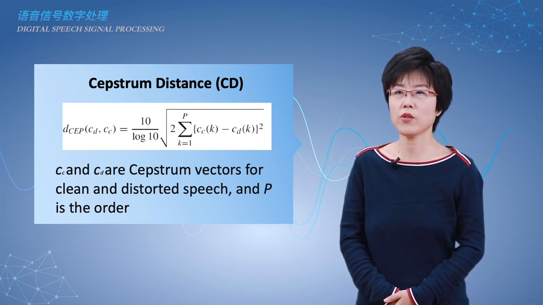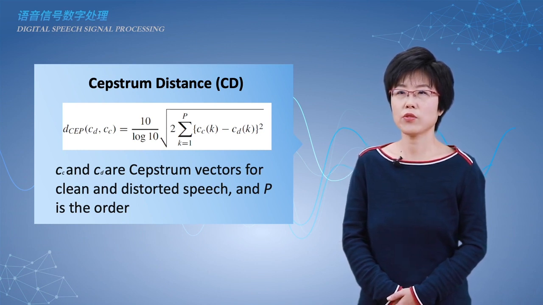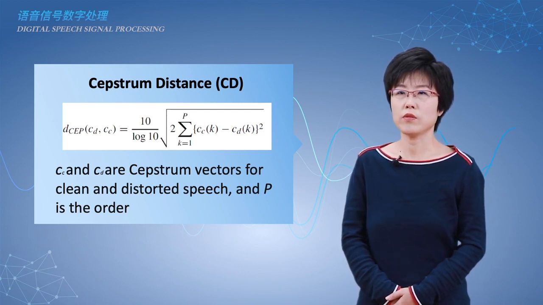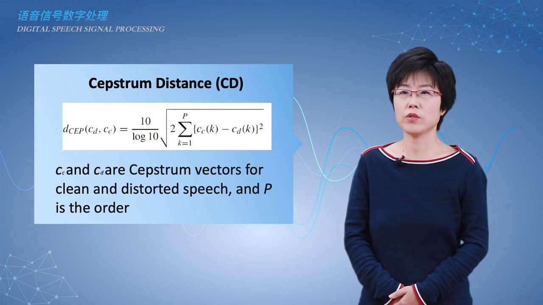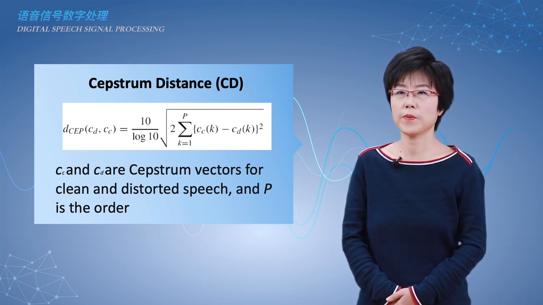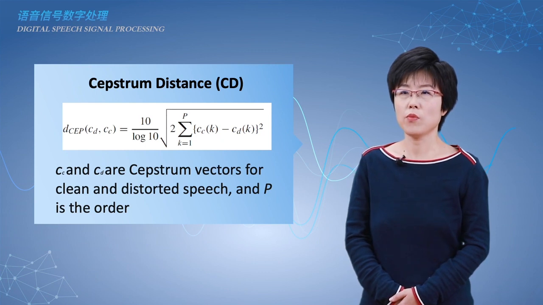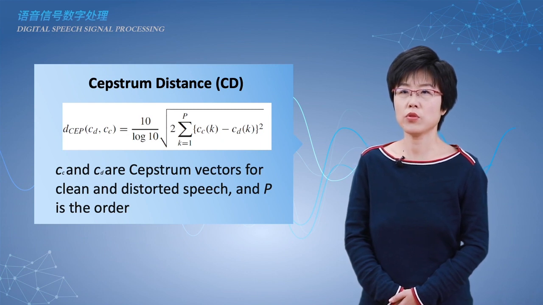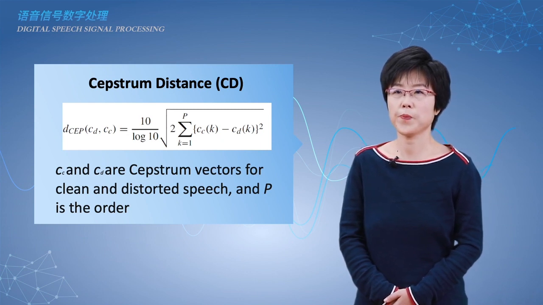The cepstrum is calculated by taking the logarithm of the spectrum and converting back to the time domain. Cepstral distance is also a very efficient computation method of log spectrum distance. It is more often used in speech recognition to match the input speech frame to the acoustic models.